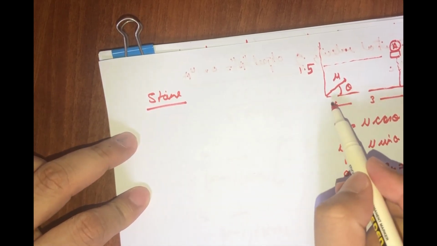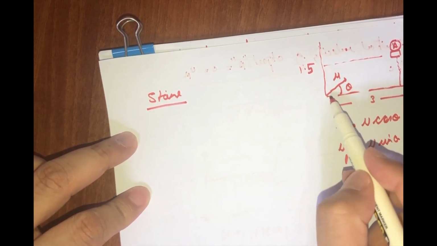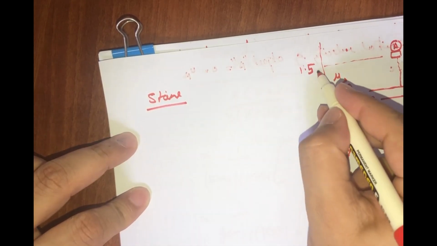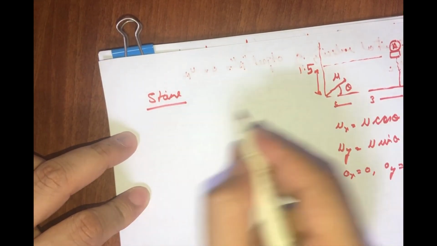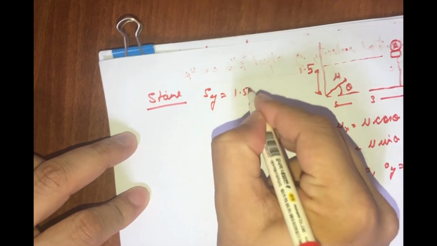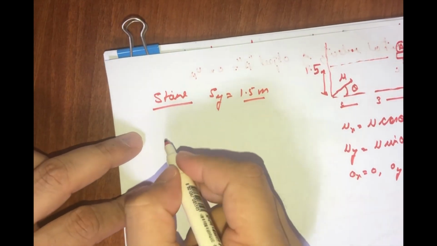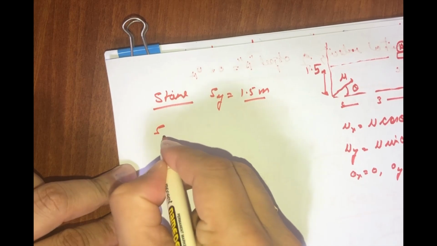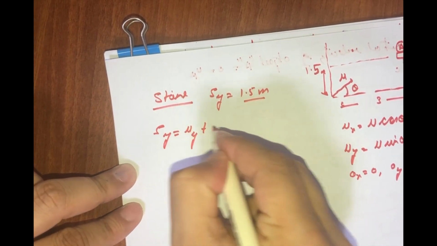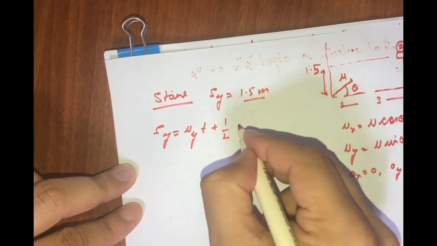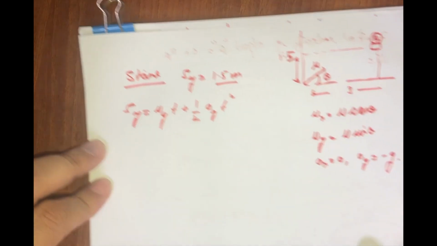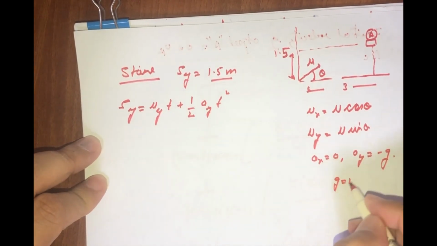So we know that the height that will be reached by the stone is 1.5 meter, this much. So we can say that the displacement in y direction is 1.5 meter. So we use the formula s of y is equal to u y t plus 1/2 a y t square, and it is also given that g should be equal to 10.